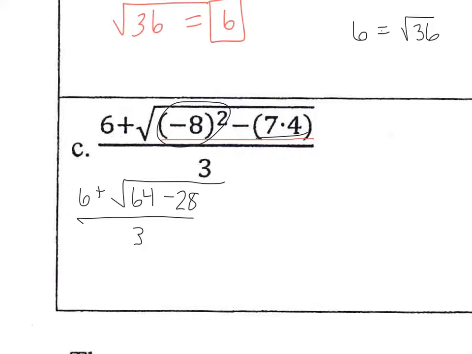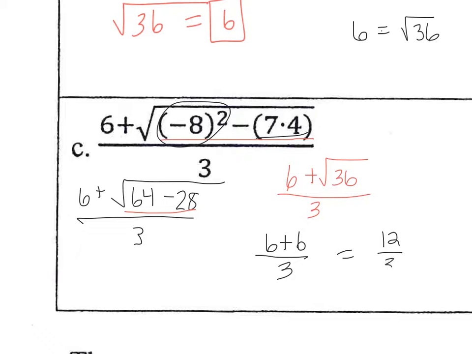I have to do order of operations, so I have to do 64 minus 28. So it's 6 plus the square root of 36 divided by 3. So that's 6 plus 6 divided by 3. So 6 plus 6 is 12, divided by 3 is 4. So the answer is 4.